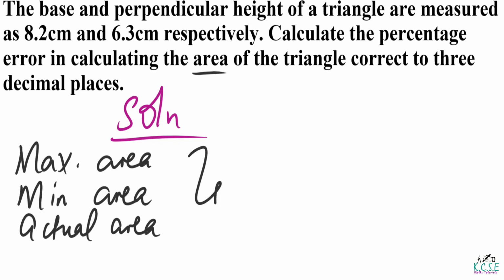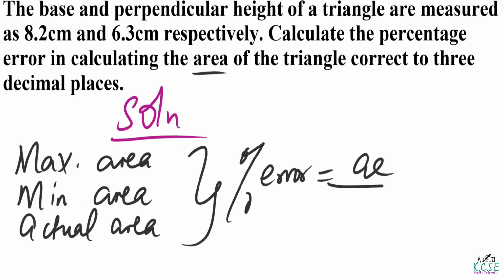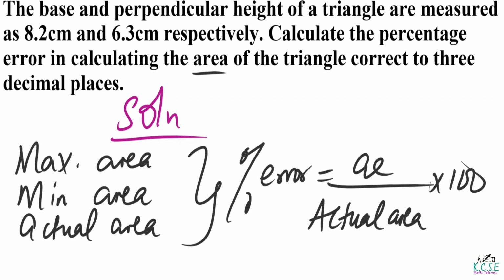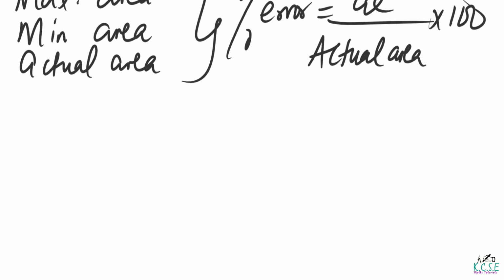And with all these, we also need to know how to get the percentage error, which we've just seen in the previous question. Absolute error over the actual. So in this question, you're dealing with the area, so this will be actual area multiplied by 100.